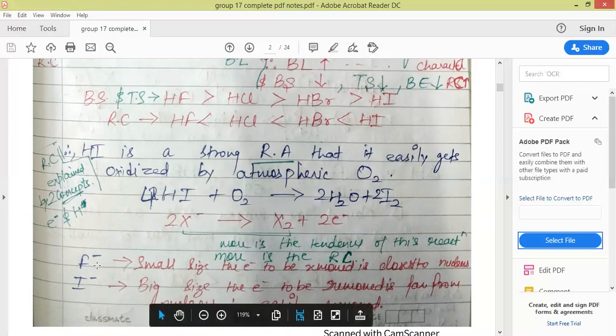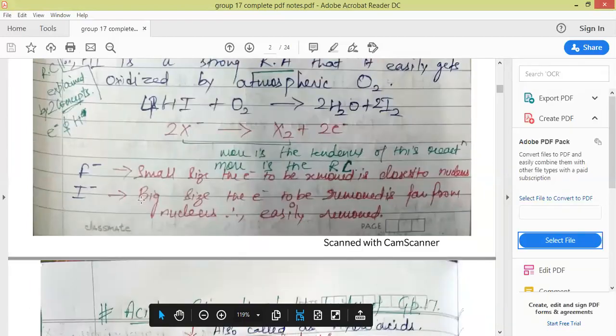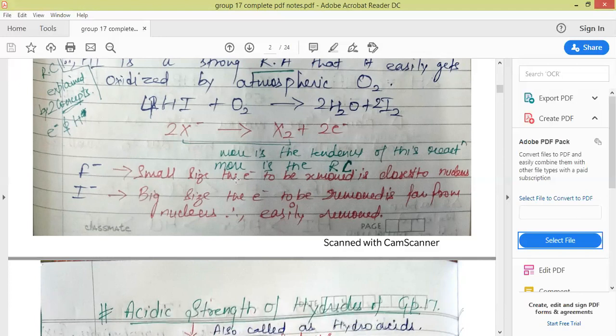So if we see here, it is F negative anion and here it is I negative anion. F negative is having small size. Out of these two, the one having more tendency to lose the electron would have more reducing character.